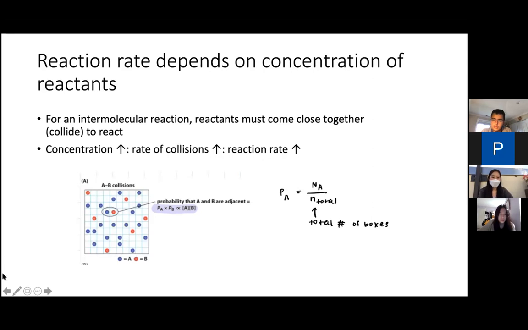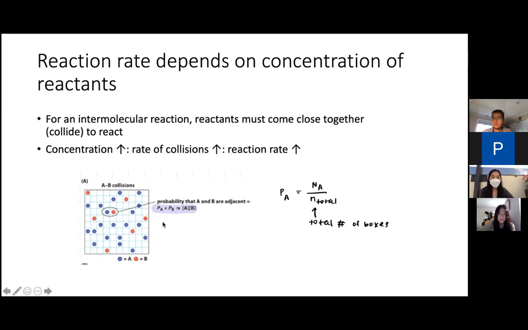So let's say that we have a mixture of red and blue molecules. Blue they're calling A, and red they're calling B. So if you're thinking about the space in a reaction container in terms of a grid, and if we say that a collision happens when the two reactants occupy two adjacent boxes in the grid, then the probability of a collision happening is PA times PB.